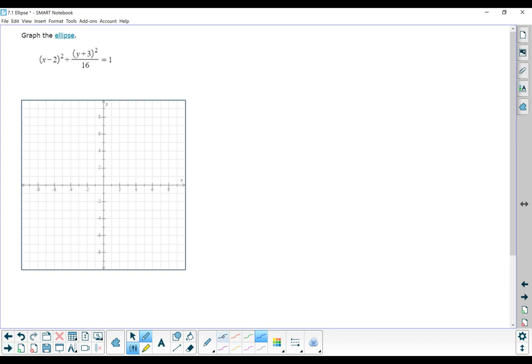Here's one more. The center of this ellipse is going to be at 2, -3. So +2, -3 is right here. In the x direction, our denominator, we can't even see it there, is 1. So in the x direction, count out 1. So just a little skinny guy here.